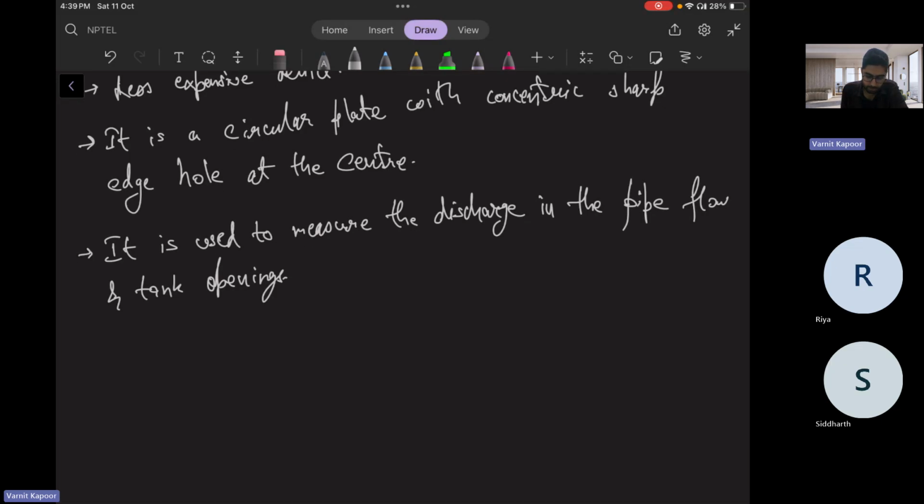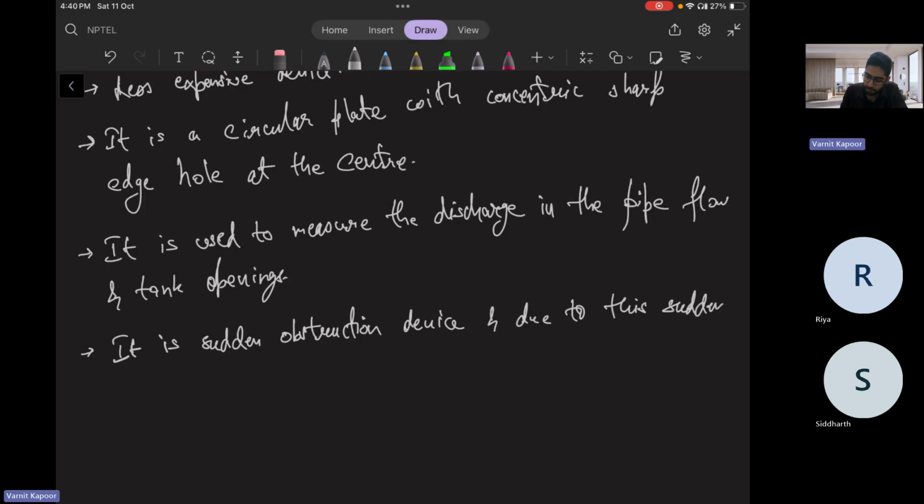It is a sudden obstruction device, and due to sudden obstruction of flow, the velocity of flow increases suddenly.